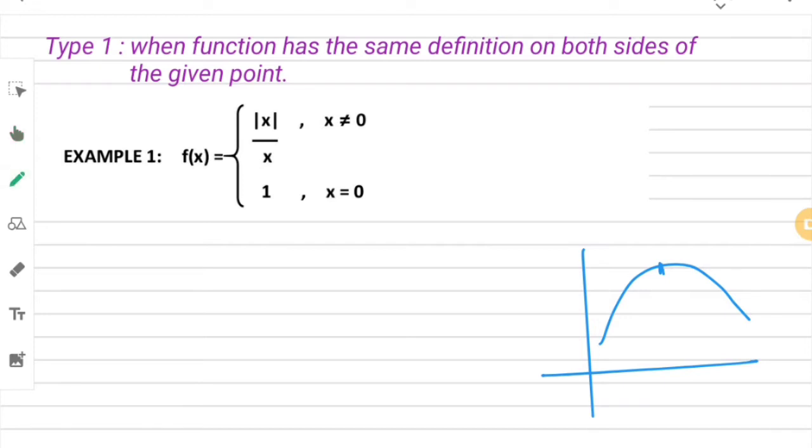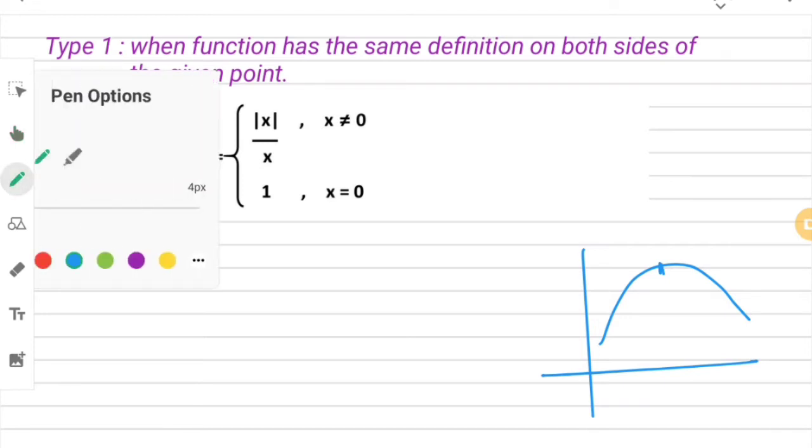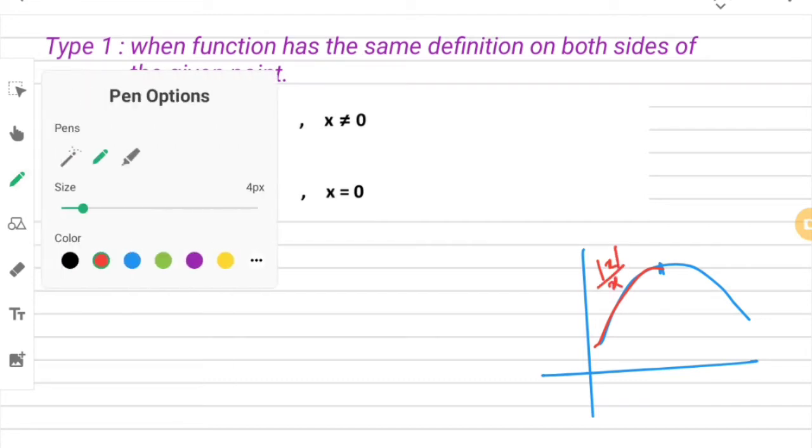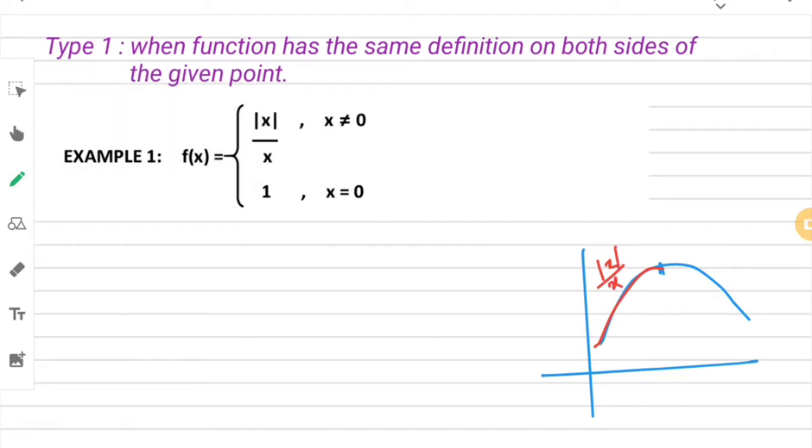Which one is the left hand side here? This one is the left hand side, and here the function is modulus x by x. And the right hand side of this limit is this side. So here also the function is the same, that is modulus x by x.